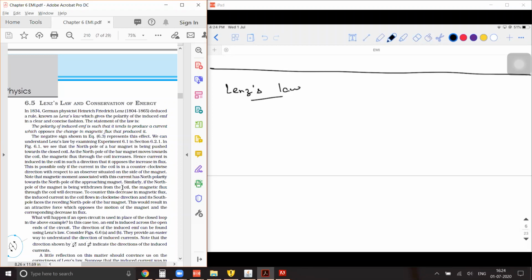Cause, C-A-U-S-E. It always opposes the cause which is producing it. Is it clear? So this is what the law states.